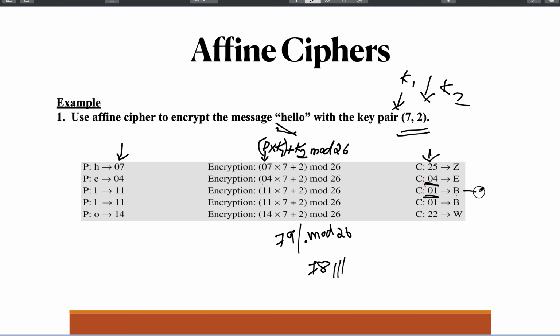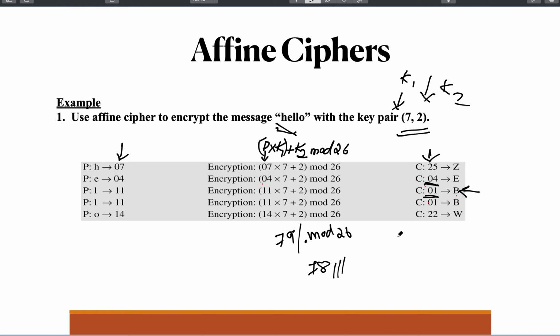So 1 corresponds to the letter B in the alphabetical sequence. Next again you have L, which is 79 mod 26, which is again 1 as the remainder, which is B. Now 14 into 7, the last letter, plus 2, mod 26 gives a remainder of 22, which corresponds to the letter W.